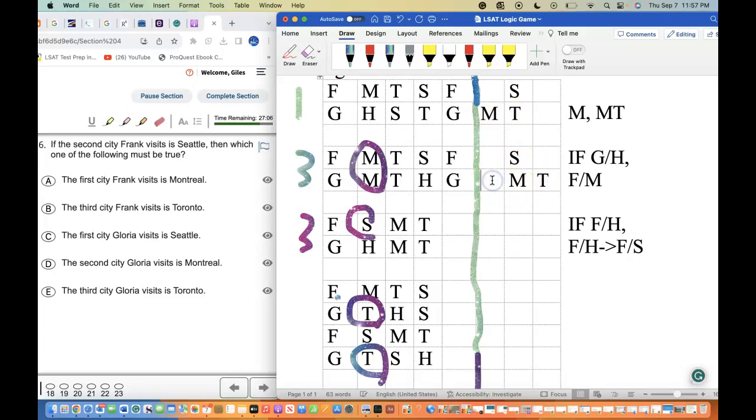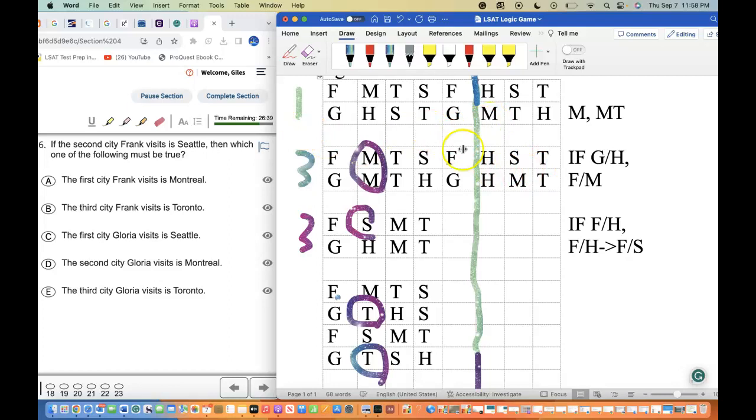And then Gloria's going to get Houston here. And then from there, I'm going to go ahead and put H here and T here. That way we can have an understanding of the proper setup.